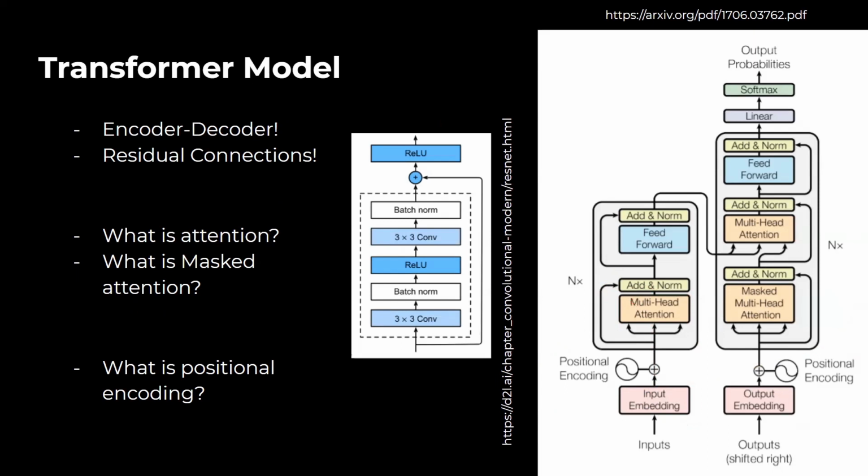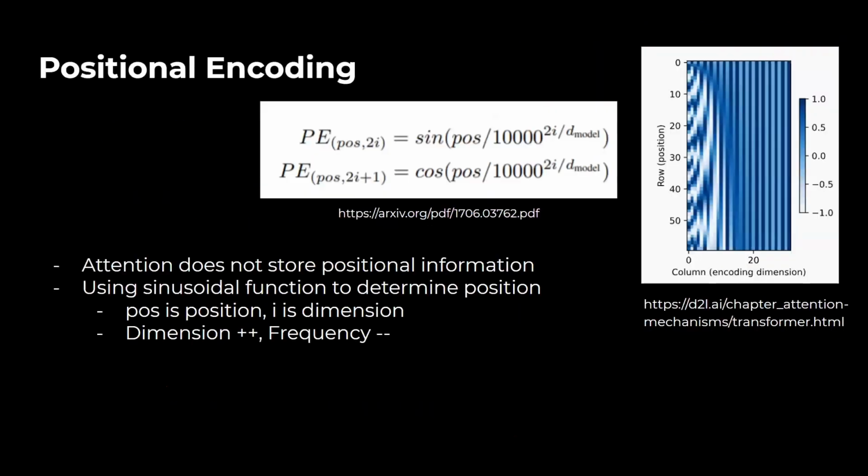But in transformers, all the words are fed in at the same time, and in that sense, you actually don't know the relative position of each word to each other. So kind of the same problem that a deep neural network would have. And they mitigate this problem by having positional encoding.